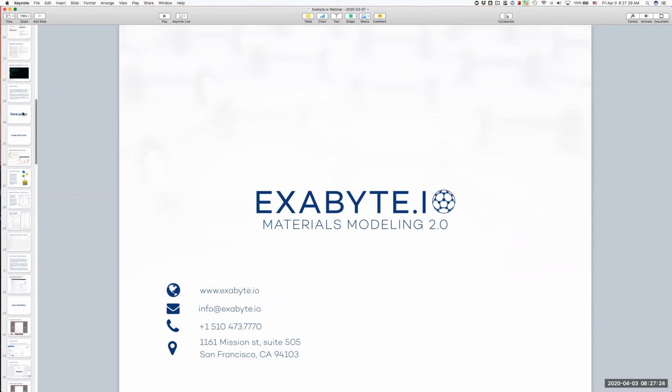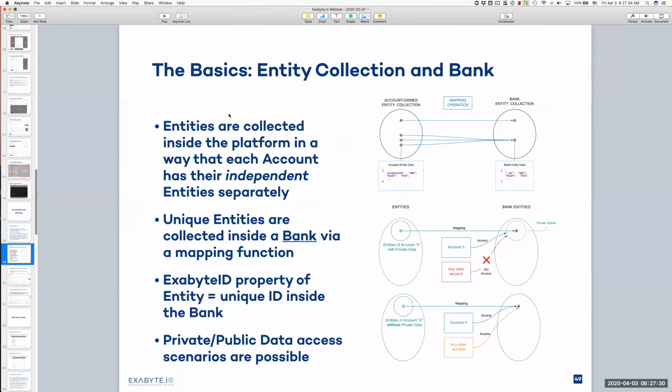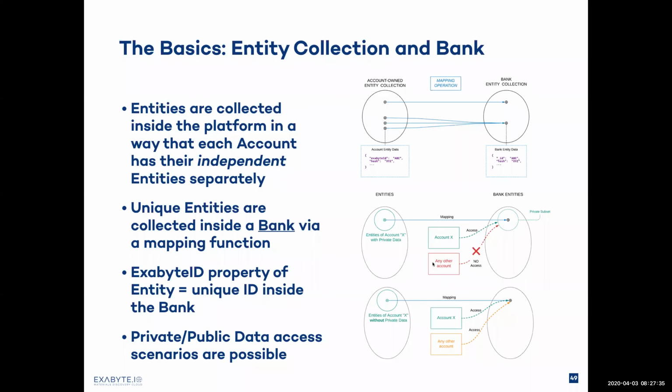Let me get back to this explanation. But as I explained here, whenever the account has the private data enabled for it and activated as part of its service level, nobody else but the account itself can see this materials bank entry.